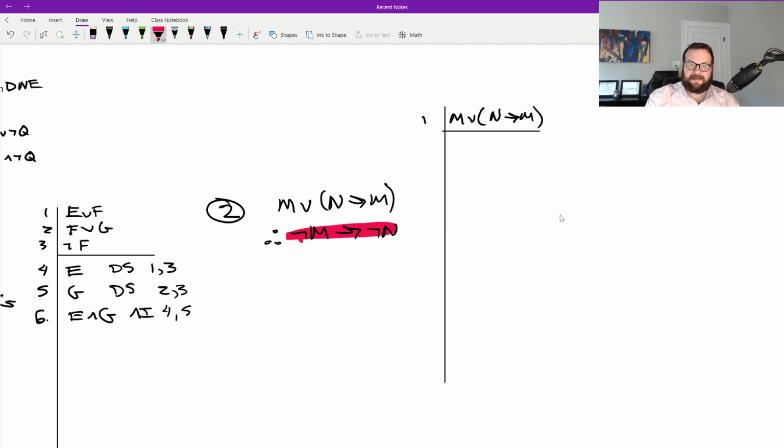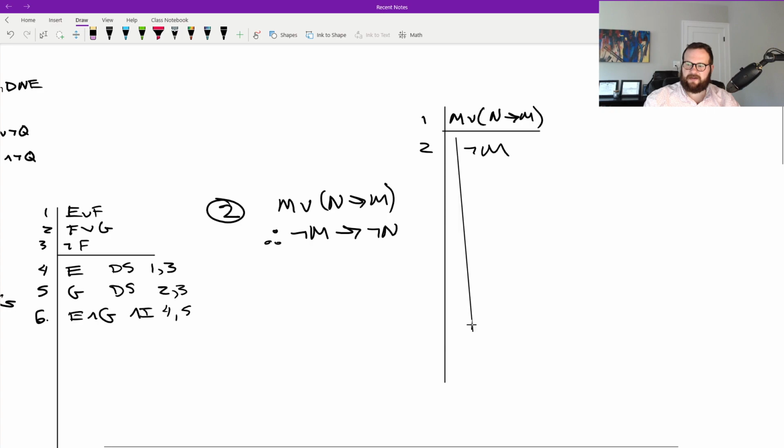If it does not appear exactly, then we need to make an assumption for the purposes of conditional introduction. The assumption you want to make is the left side of the conditional you're trying to prove. So we're going to start by assuming not M.